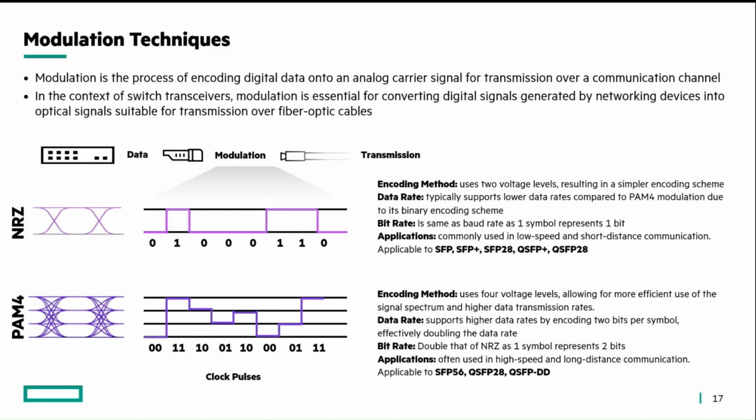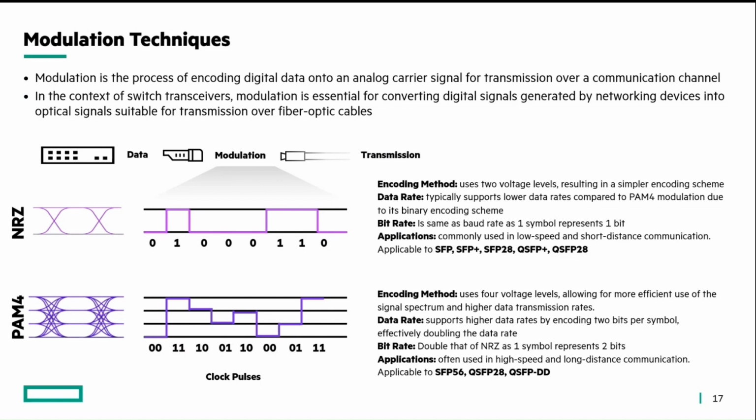Let's consider the same baud rate and the same symbol. In case of NRZ, you are able to transmit only one bit of data, while for PAM4, for one symbol, you are actually representing two bits of data. And hence, PAM4 is actually doubling your data rate.